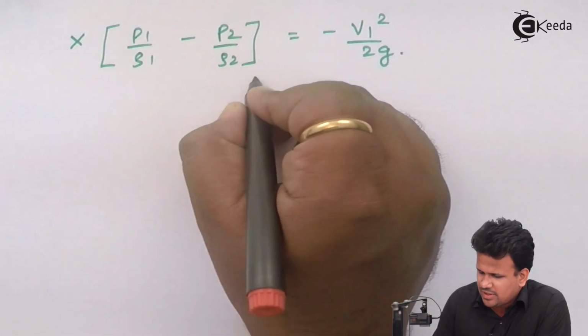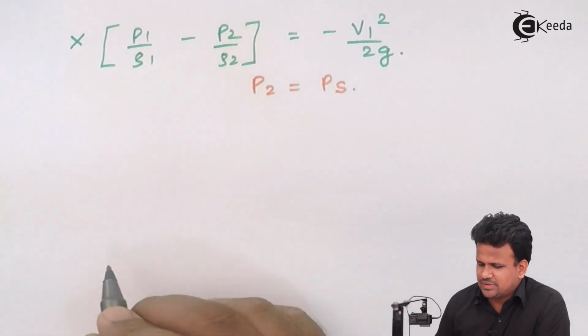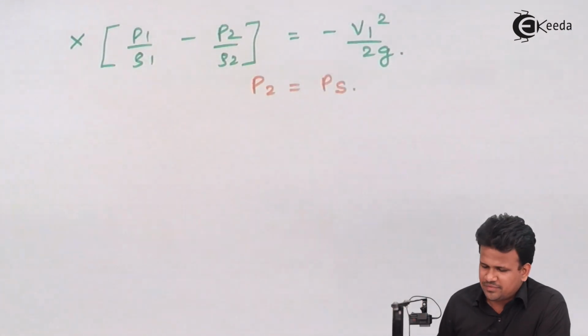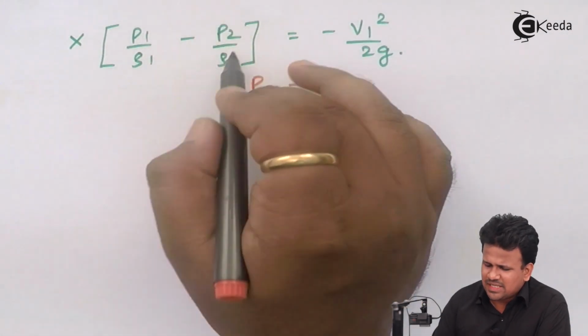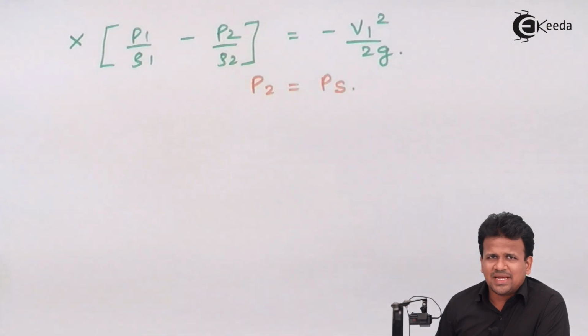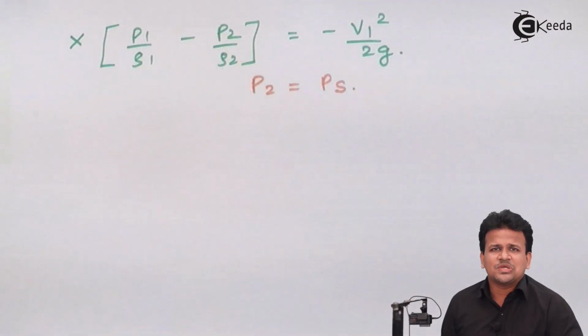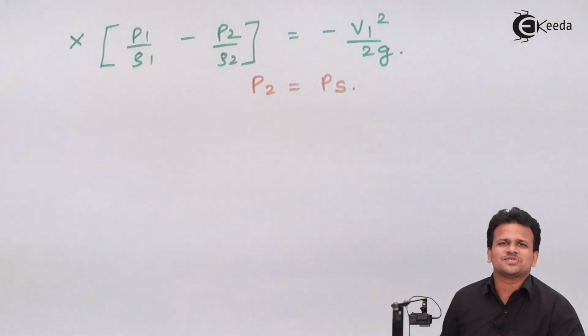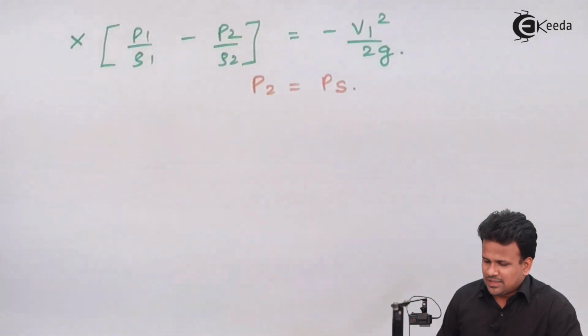So over here P2 will be equal to P stagnation, the stagnation pressure which we have to calculate at section 2. But for the time being, we will keep this as P2 for our evaluation. At the end, when we complete the derivation, we will substitute P2 equal to PS, the stagnation pressure. So now, let us calculate this.